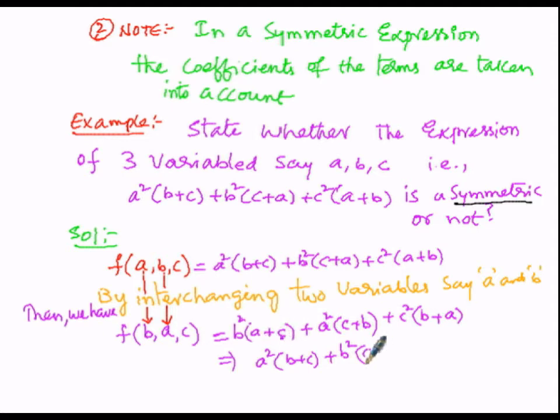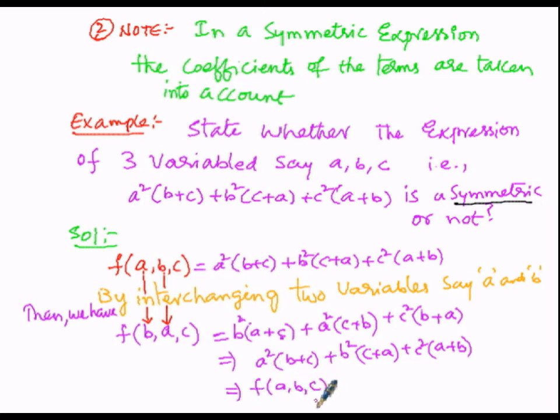There won't be any difference. The last term, c square into b plus a, can be written as a plus b as per the commutative property. Then now let us observe. This a square into b plus c plus b square into c plus a plus c square into a plus b is equal to f of a comma b comma c.